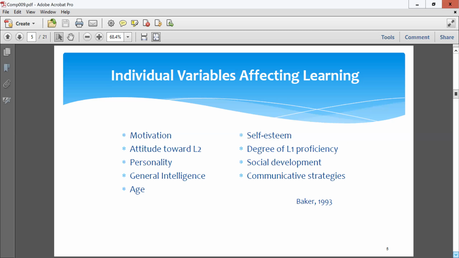What are some individual variables that affect learning? Motivation, self-esteem, their attitude towards learning English, their degree of first language proficiency. L1 is their native language, and how proficient are they already in their language. And this can also be different for different ages of students, okay?